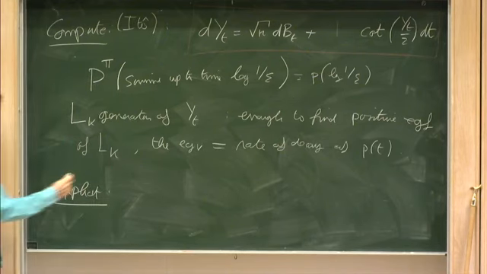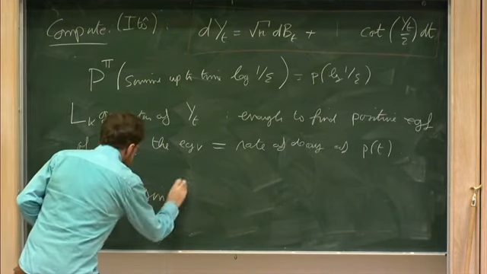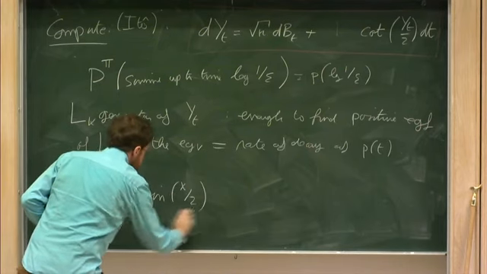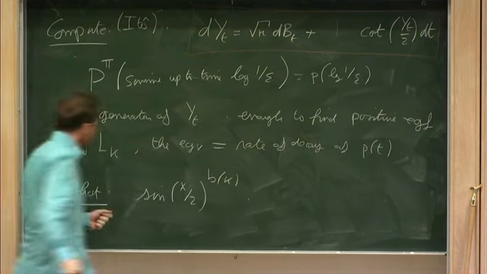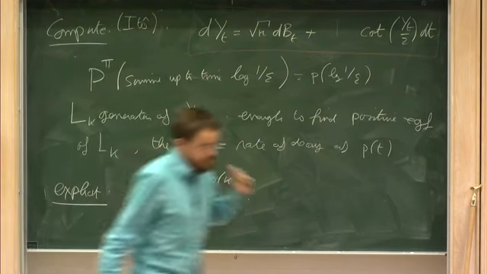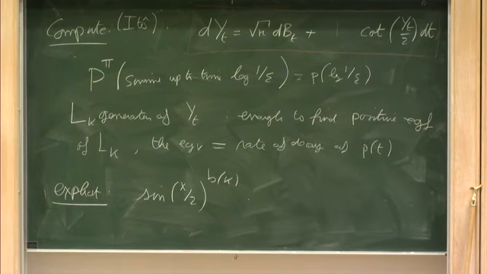And this eigenfunction is sine of x over 2 to the power b of kappa, with an exponent b of kappa, which, since it's not 1, I want to get it right, so it's somewhere in the notes and it's hidden. It's 1 minus 4 over kappa.